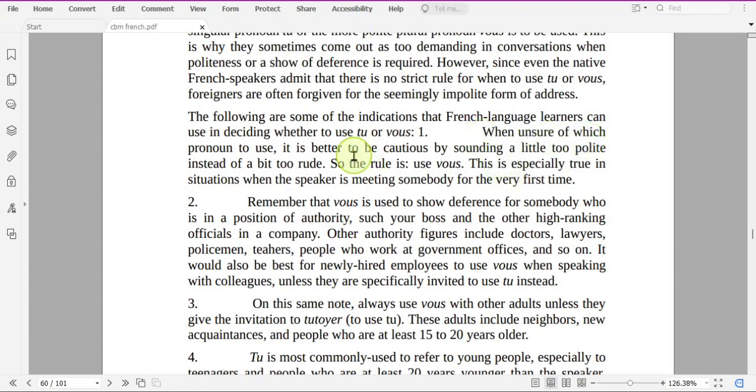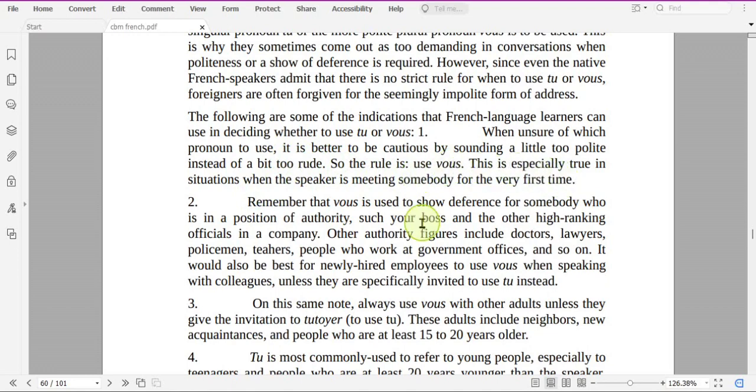When unsure of which pronoun to use, it is better to be cautious by sounding a little too polite instead of being too rude. That's why I personally like using vous more often than even tu, okay? So the rule is use vous.